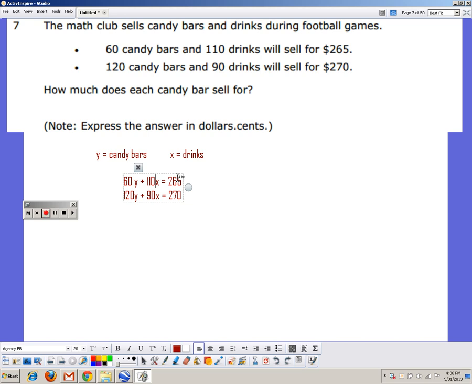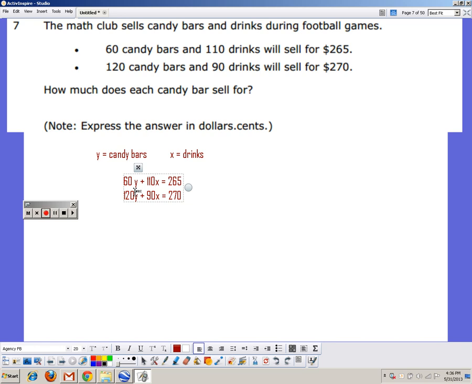Now you have to make a choice here. If you notice, you can actually simplify everything down by 5 since everything ends with a 0 and a 5, if you want to, so that you will be working with smaller numbers.